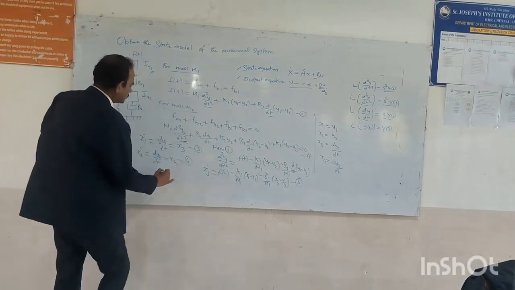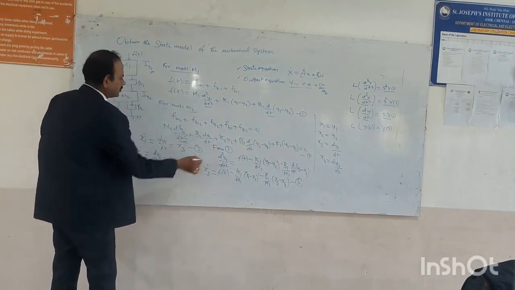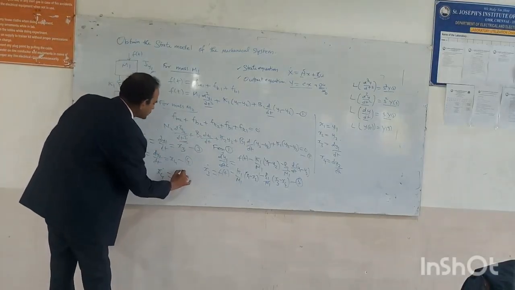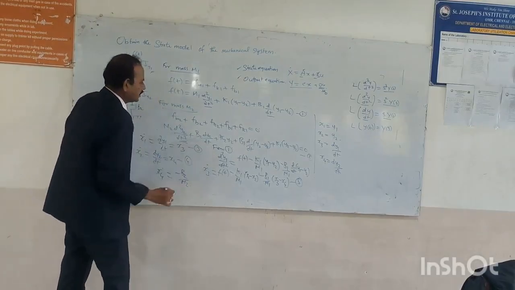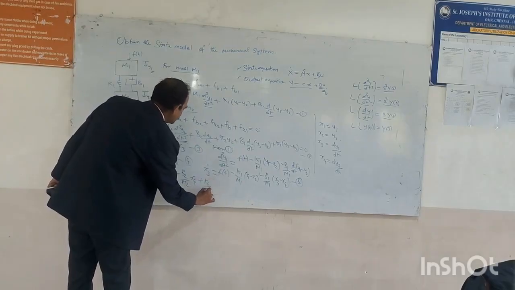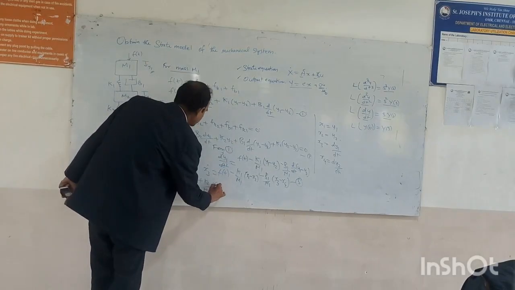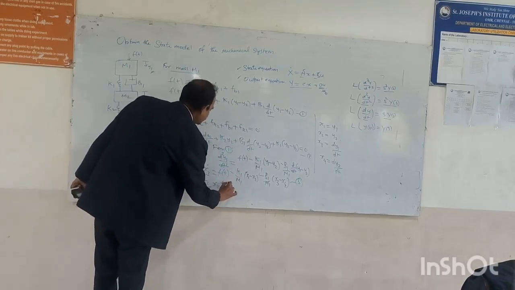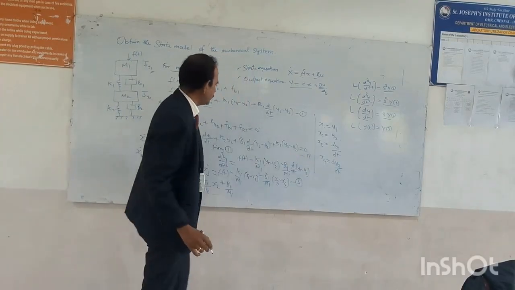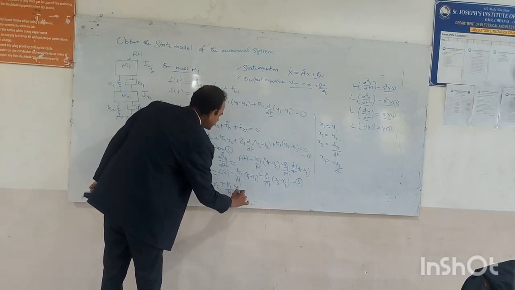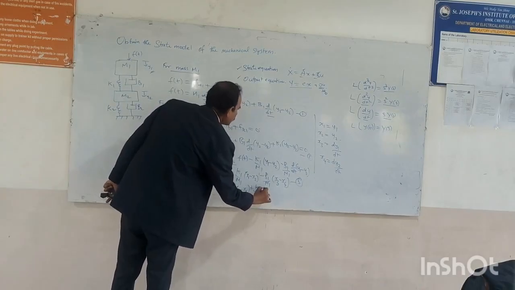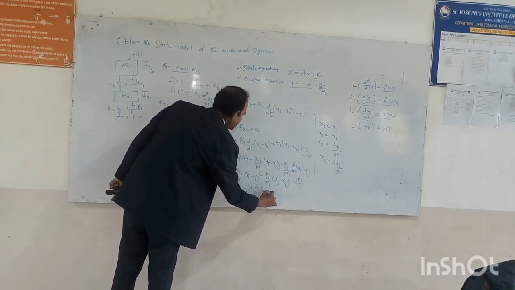So x4 dot equals, dividing by m2 and moving terms to the right-hand side: minus d2 by m2 into dy2 by dt, which is x4, minus k2 by m2 into y2, which is x2, plus d1 by m1 into (dy2 by dt minus dy1 by dt), that is (x4 minus x3), plus k1 by m1 into (y2 minus y1), that is (x2 minus x1).